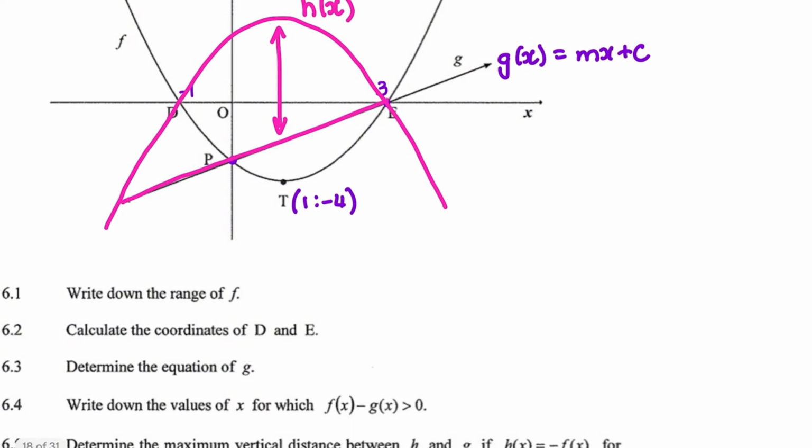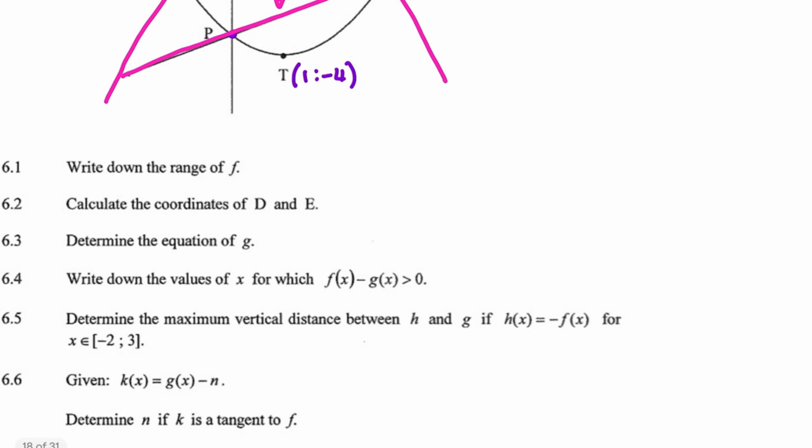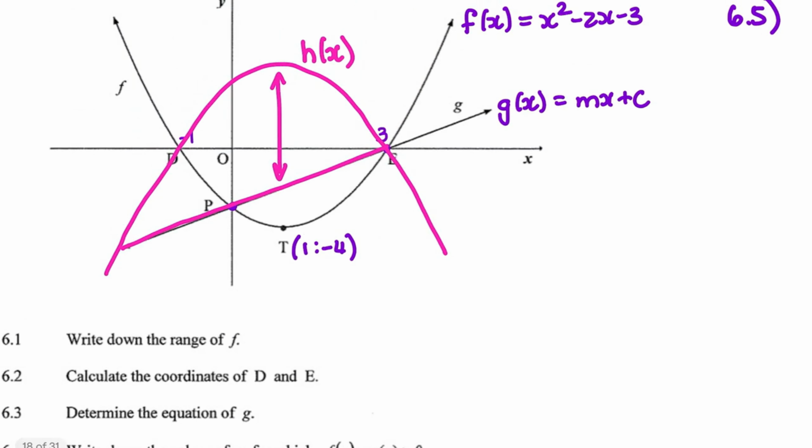And it gives us a restriction: x is between -2 and 3. We can see that this 3, the upper limit, is already that point of intersection. So I'm guessing that the x value at our point of intersection on the left would be -2.